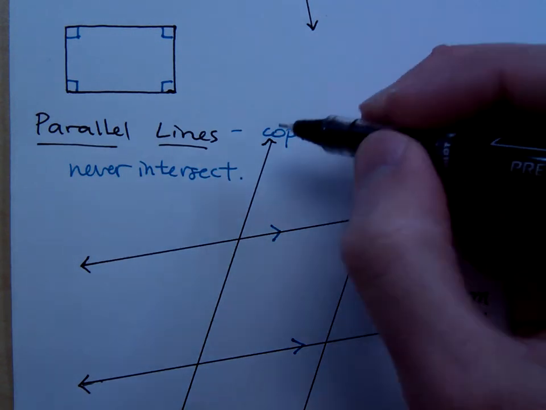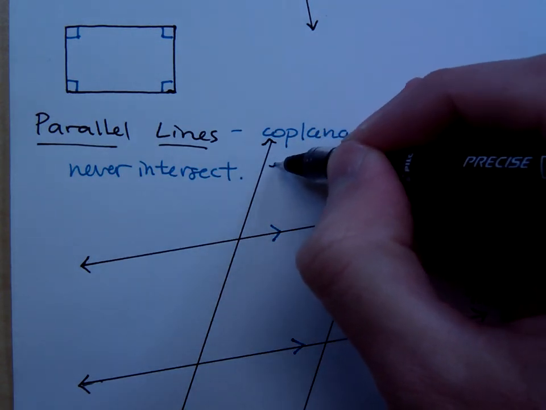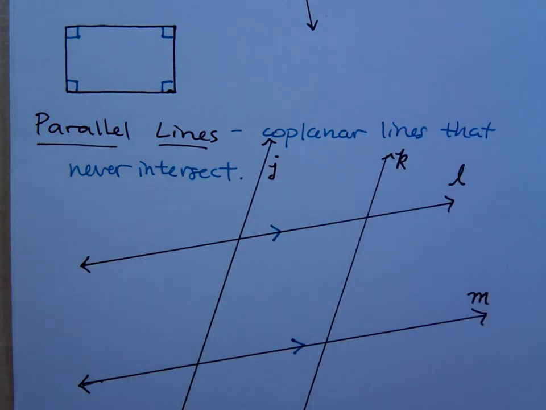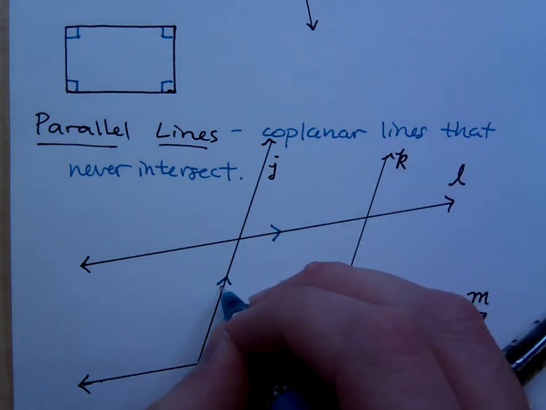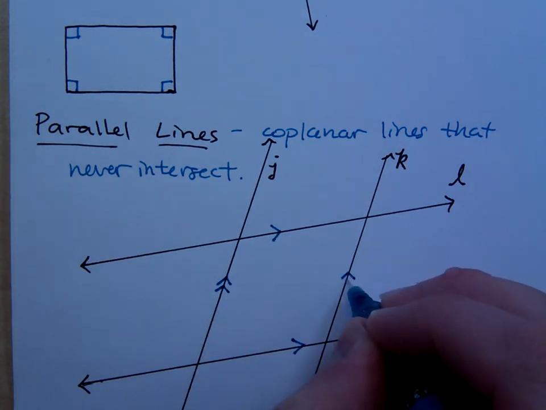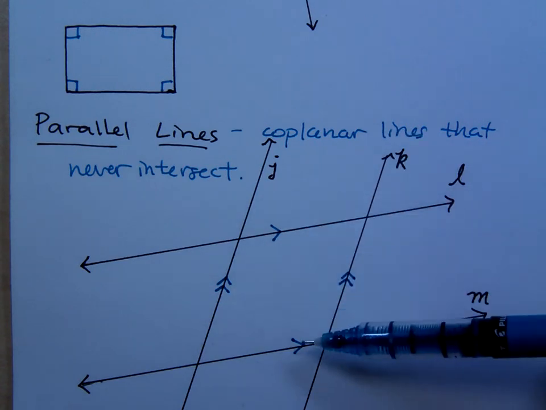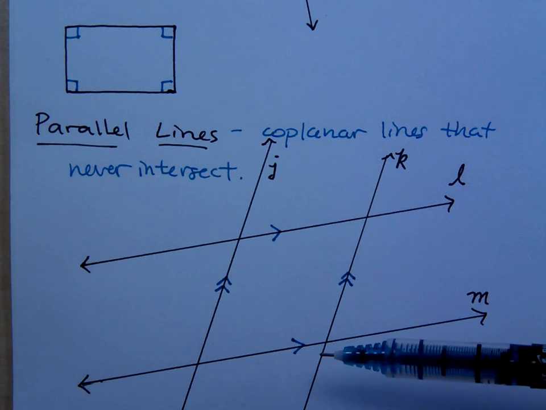So let's call this lines J and K. If we see these guys are parallel, then we would use maybe 2 little sets of arrows on there. That way it's clear that these guys are parallel to each other and any other lines that have the 2 little marks on it. And these guys are parallel to each other and any other line that has that single mark on it. Okay.